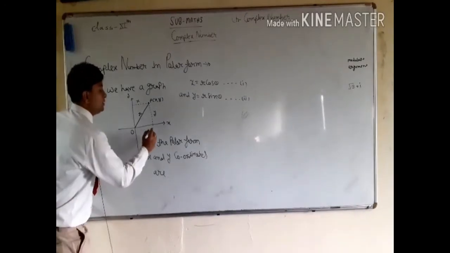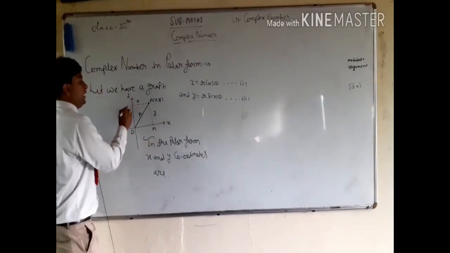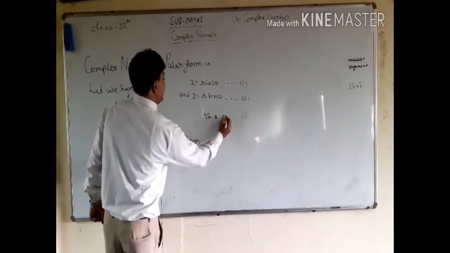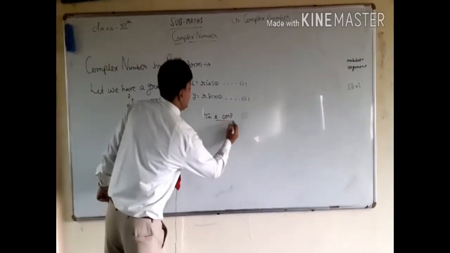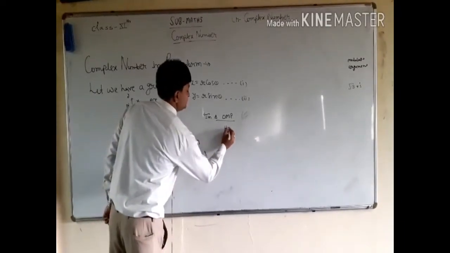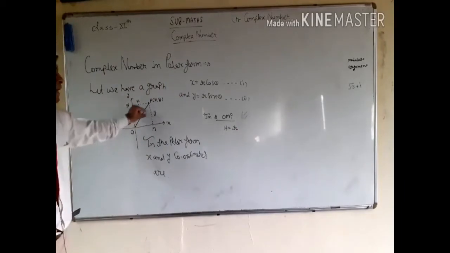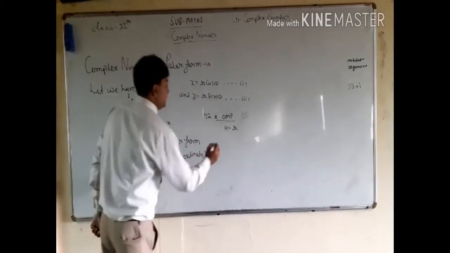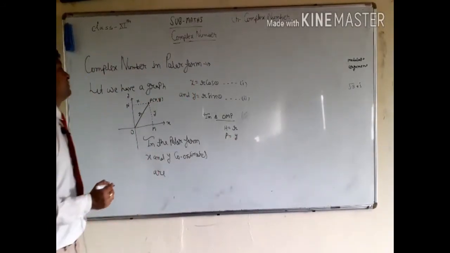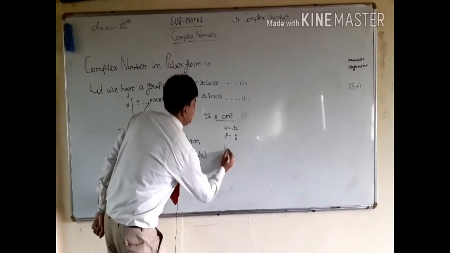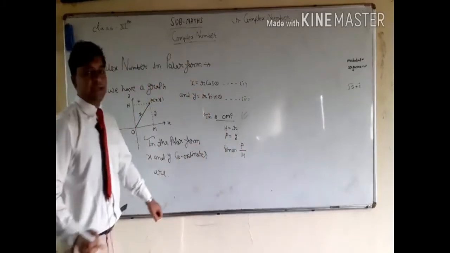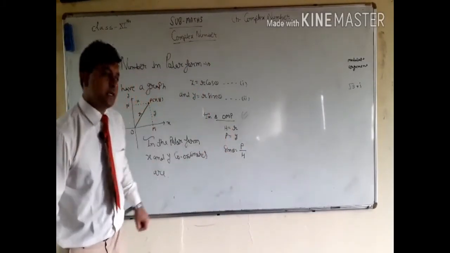So in the triangle OMP and ONP, in triangle OMP we know that hypotenuse is r and perpendicular is y. So we know that the formula is sin theta equal to P upon H. P is y and H is r.